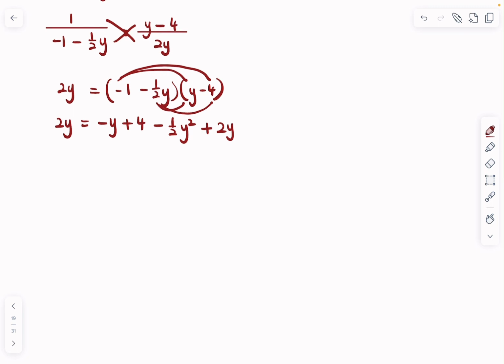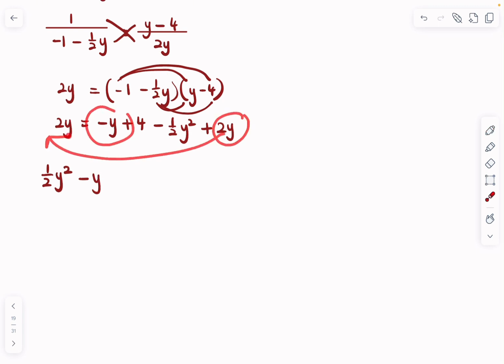Then we try to rearrange this. This one we bring in front, 1 over 2y square. 2y minus y will give us y. So you bring it over this side, you get minus y. We are moving everything over this side of the equal sign. And then we have 4.